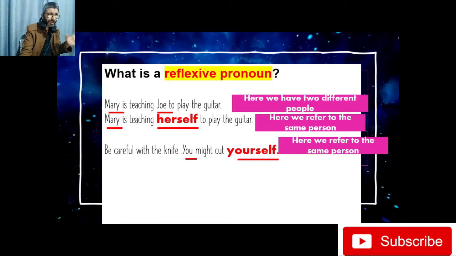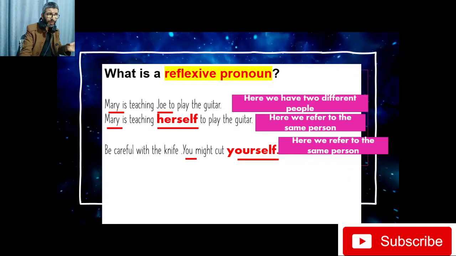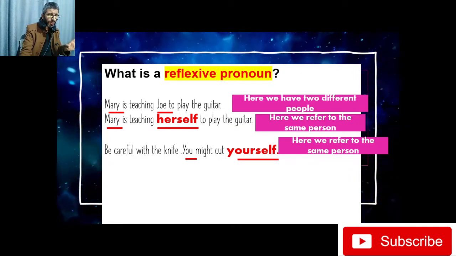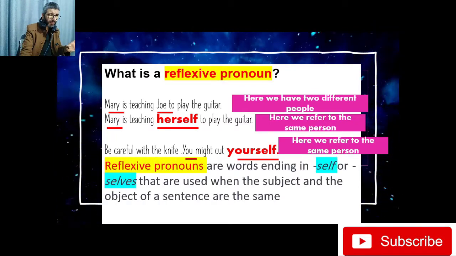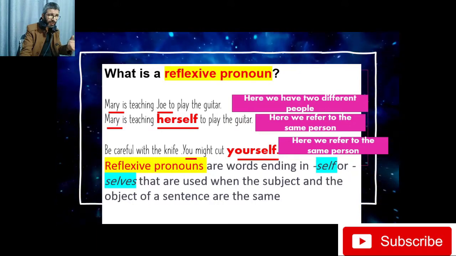Now from these two examples, what is a reflexive pronoun? As we learned, a pronoun is a word that replaces another noun. But this time we learn more about this pronoun. This is reflexive.